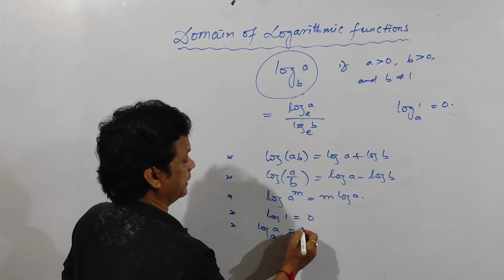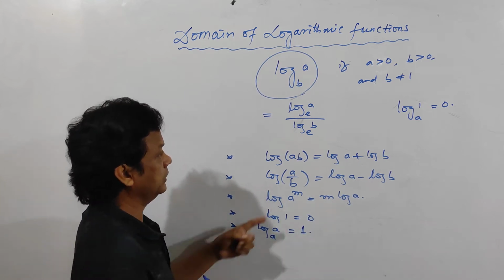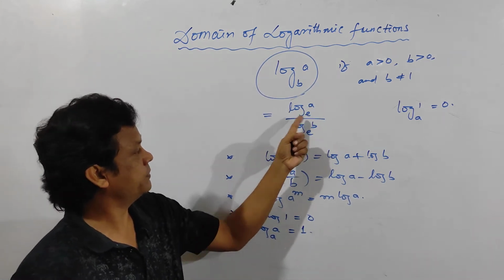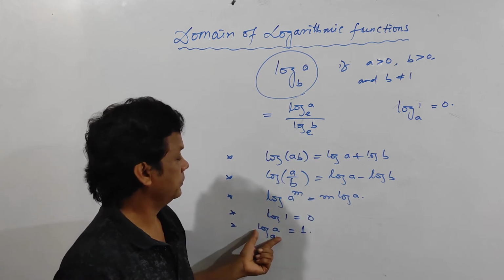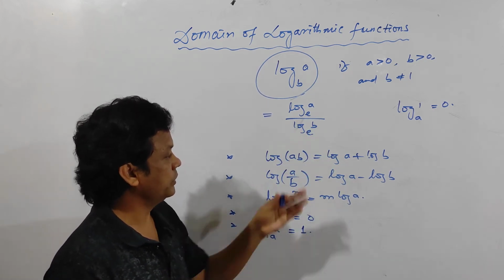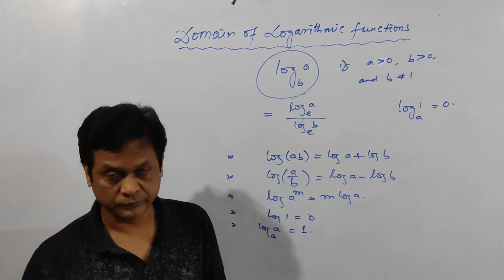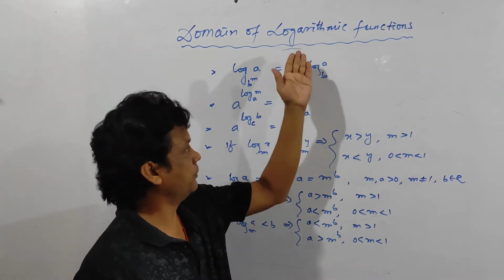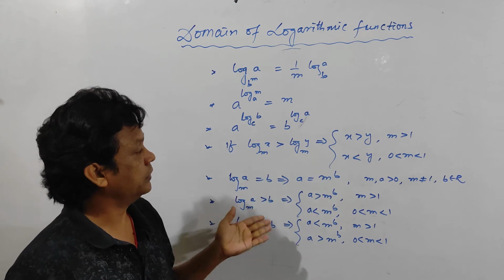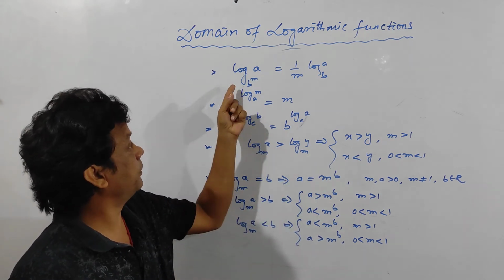If both are the same, it will be equal to 1, like this: log a to the base b divided by log a to the base b is equal to 1. So you should remember these properties. These are some of the properties which I will apply while solving the problem.